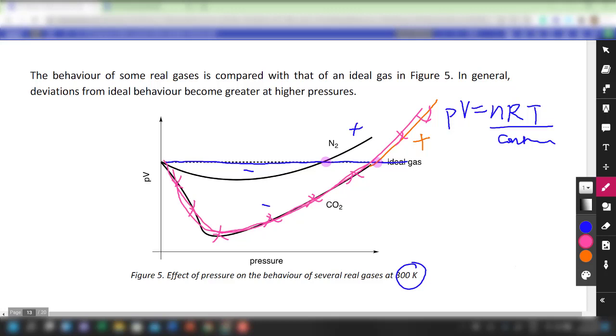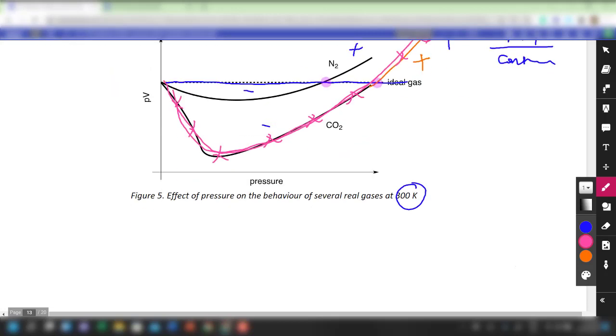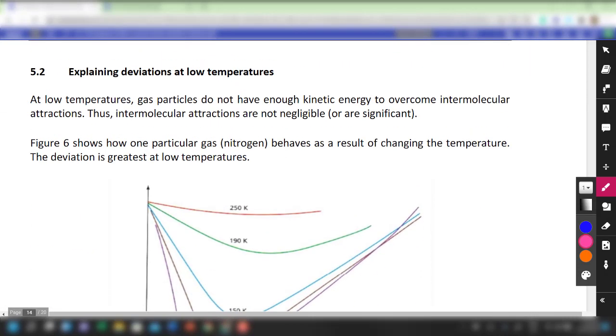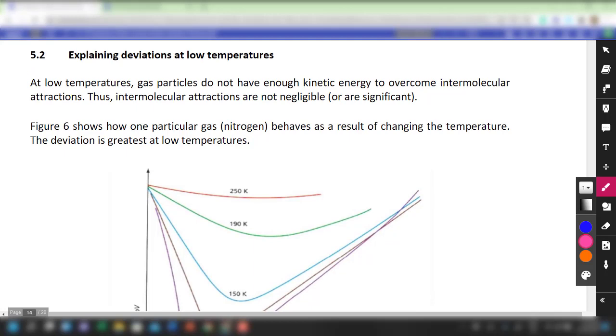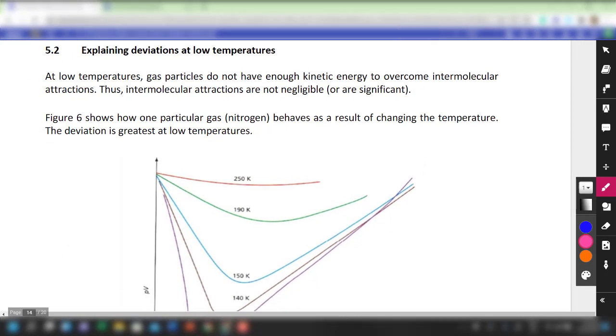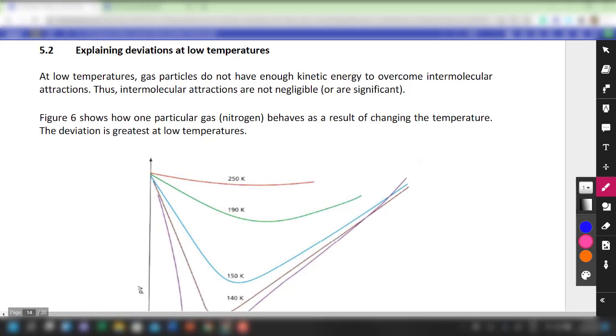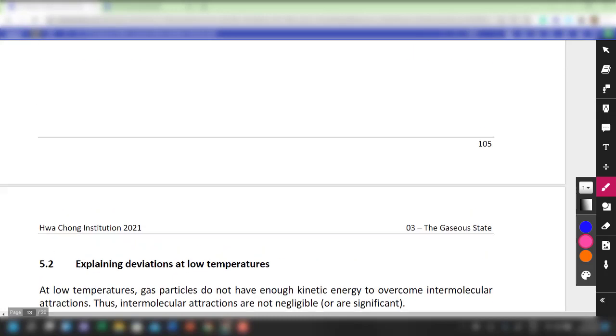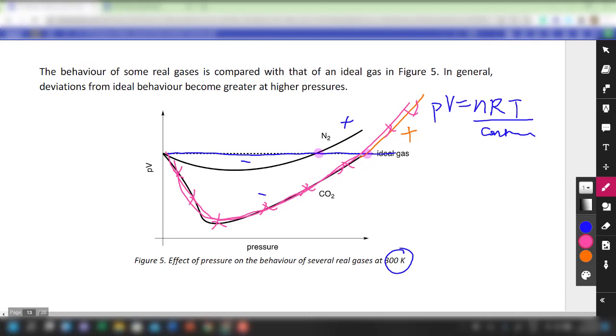Then how can we understand the negative deviation? I think later on in the notes, part of it is explained to you. So maybe we can just dive straight into that. For 5.2, explaining deviation at low temperature. Do take note that the temperature is 300 Kelvin, so it's only one temperature.